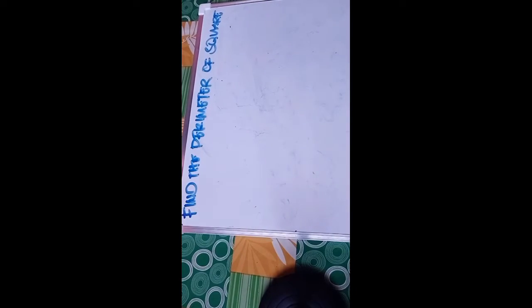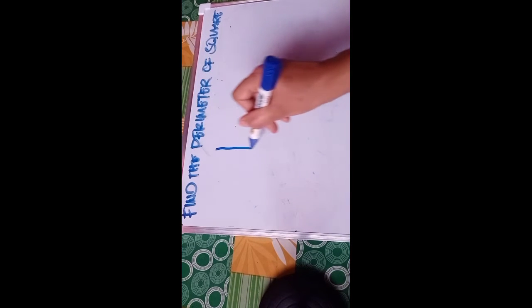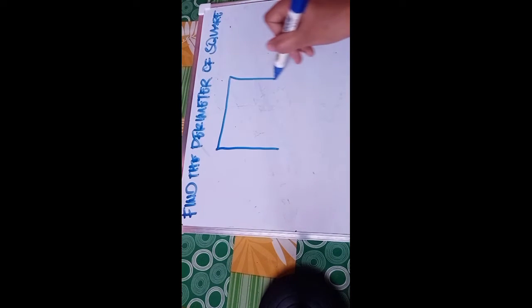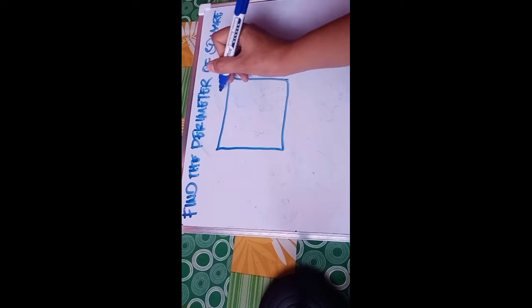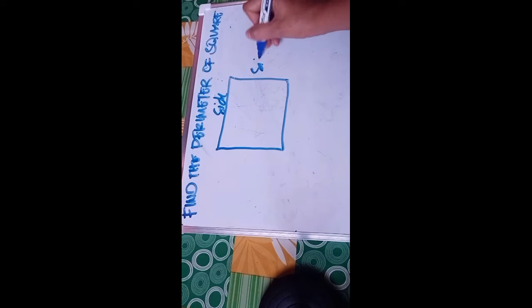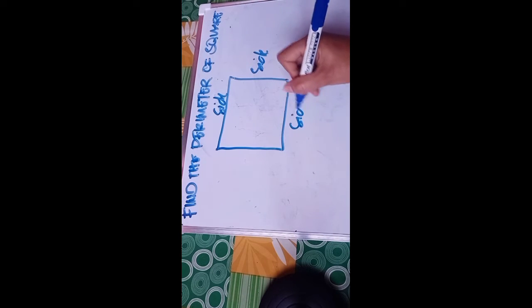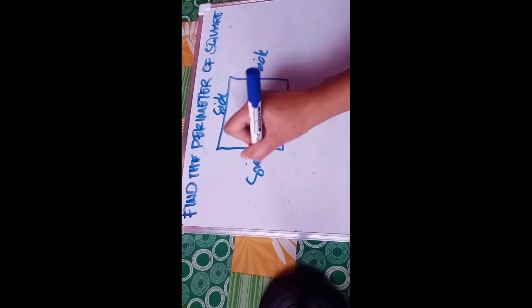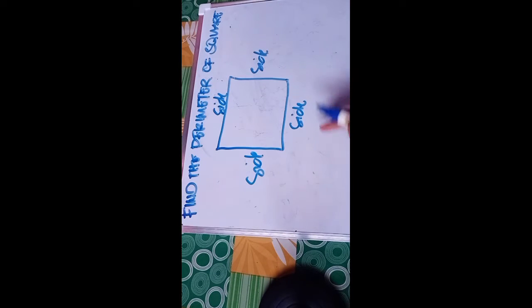Now we're going to find the perimeter of a square. So this is the square, and this is a side. The perimeter of a square is defined as the total length that its boundary covers. The perimeter of any closed geometrical shape is calculated by finding the distance around that shape.